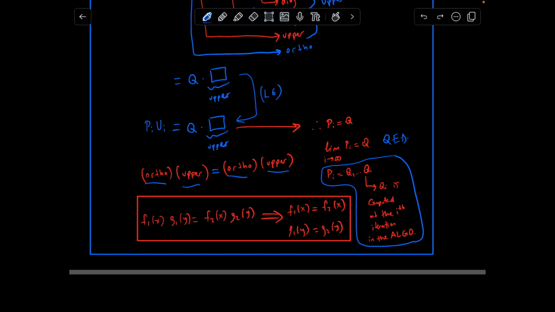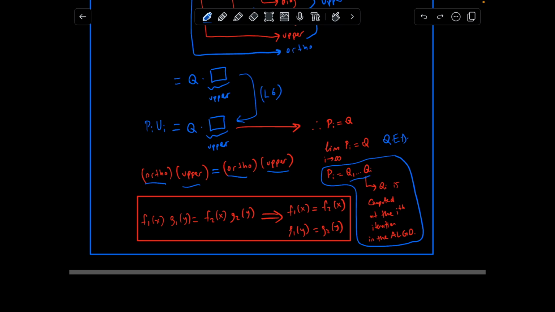Here this is orthogonal, this is upper, this is orthogonal and upper. This does a good job of explaining that idea, and this is the proper way of writing that. So the proof is over, and let's remember what Pi was.